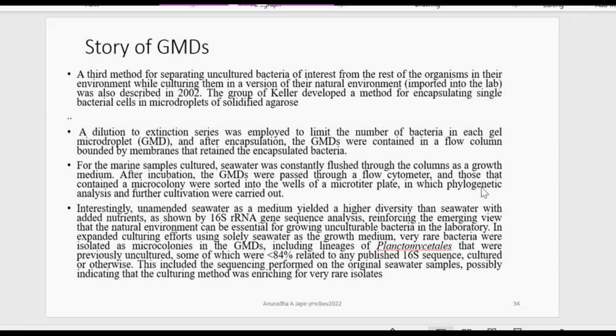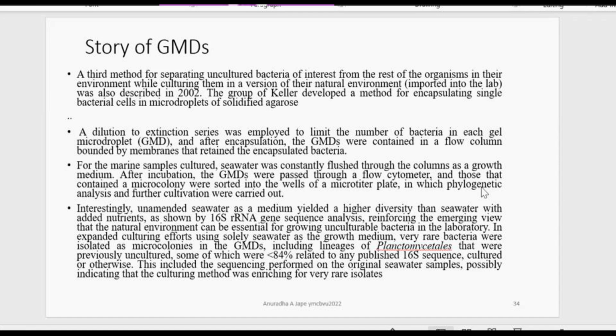They used the agarose beads and directly inoculated them onto natural corals, so the bacteria were incubated in association with the mucus, which is a natural source of diverse nutrients and is there in the native environment of those bacteria. So on the surface of live corals, they put these gel beads and saw whether any specific bacteria were growing and whether we were getting any new isolates from this.